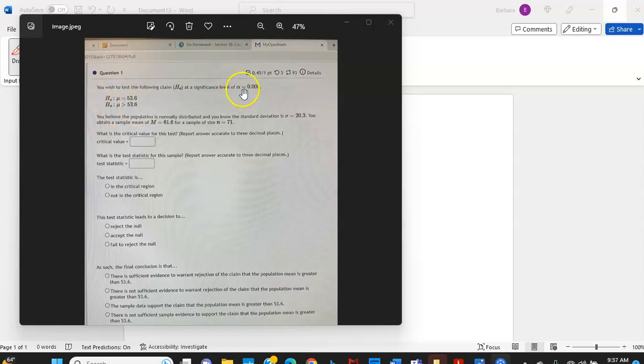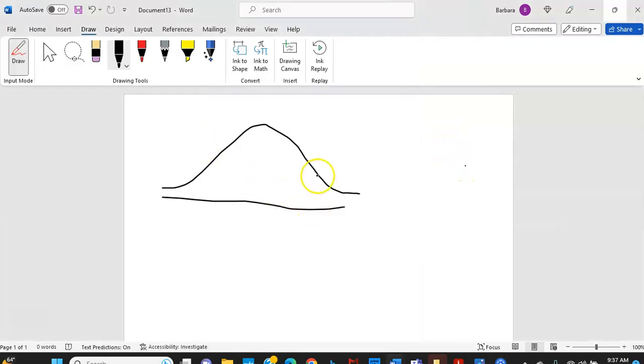So we want the area to the right to be our critical region, and we want it to have 0.005 in it. I have to find this C value right here for my critical value.